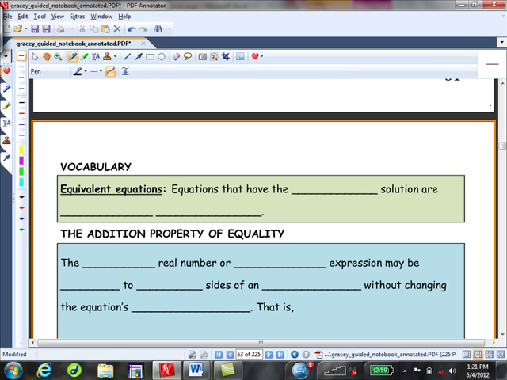Equivalent equations. Equations that have the same solution are equivalent equations.